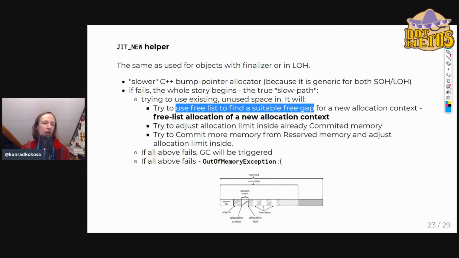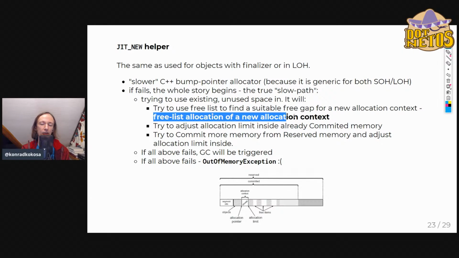So this is the point: the very first thing that it is trying to do is to find a new allocation context that fits within one of the gaps maintained by the FreeList for a given generation.